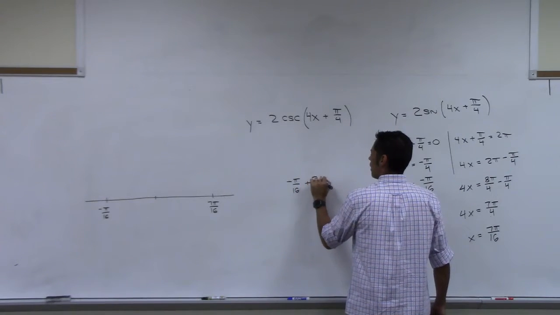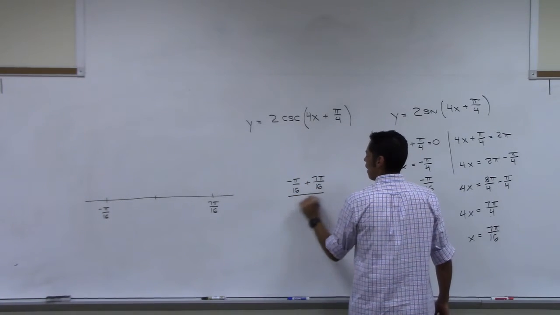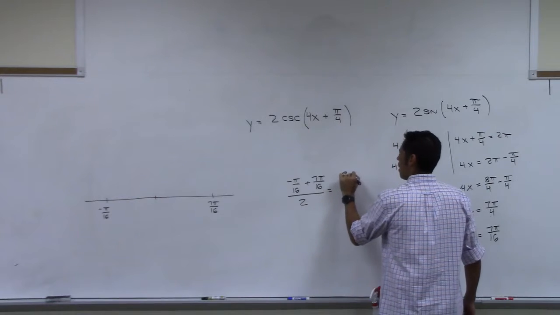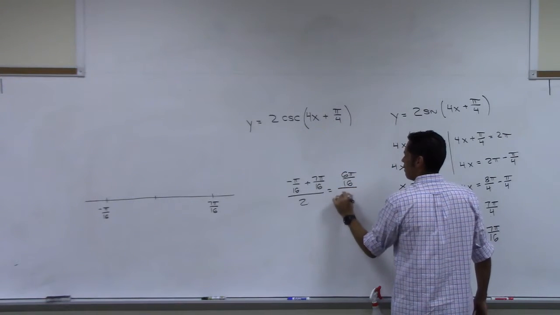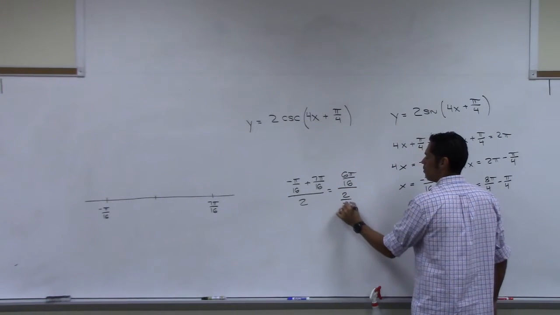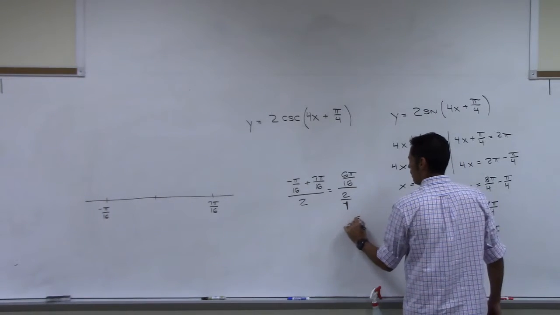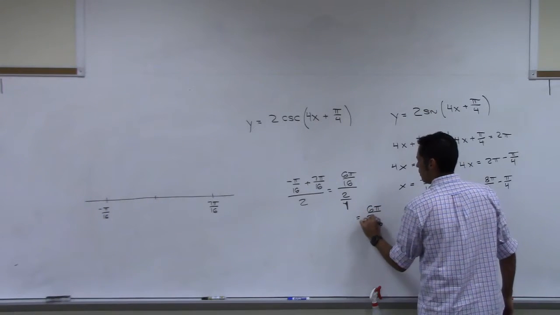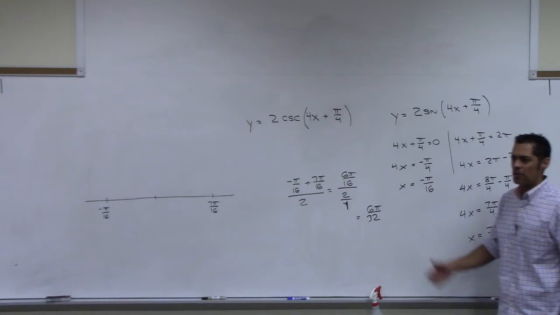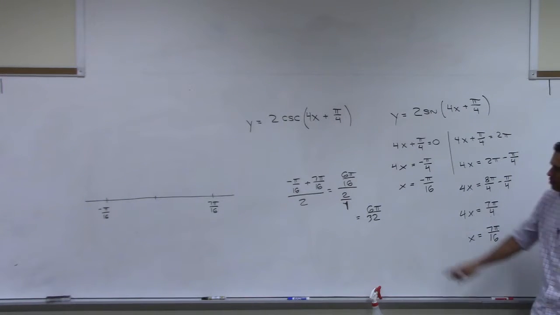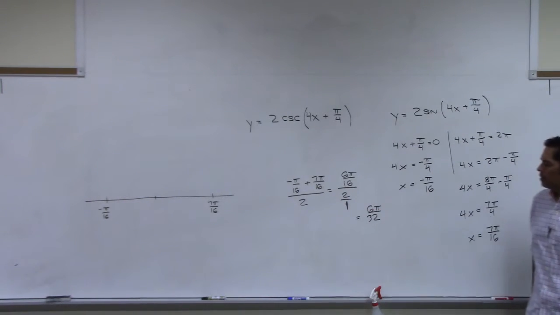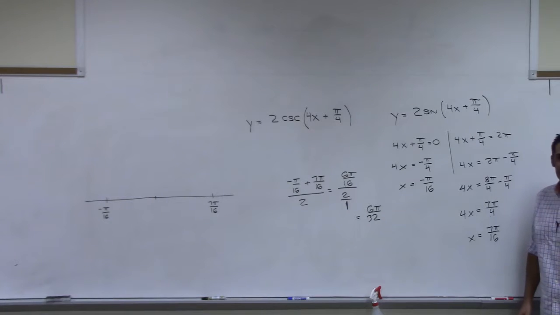So I add these two together first, and then divide by 2. 6 pi over 16 divided by 2 is the same as times 1 over 2, so 6 pi over 32. But you can reduce that fraction, so that's 3 pi over 16.